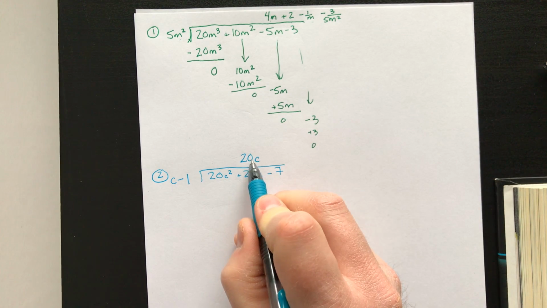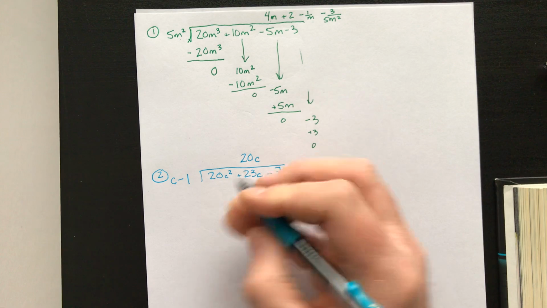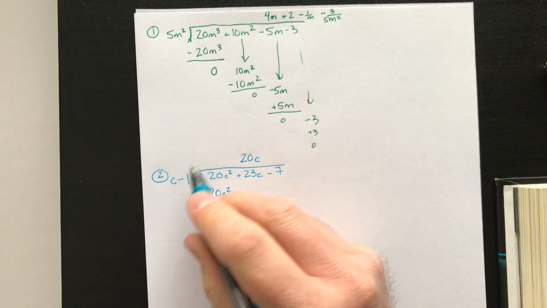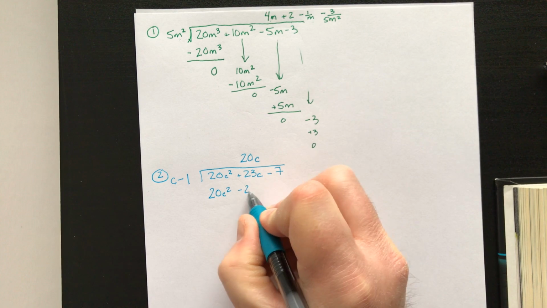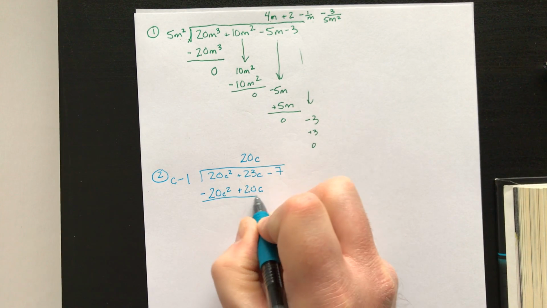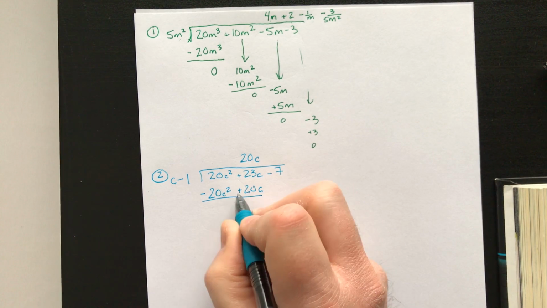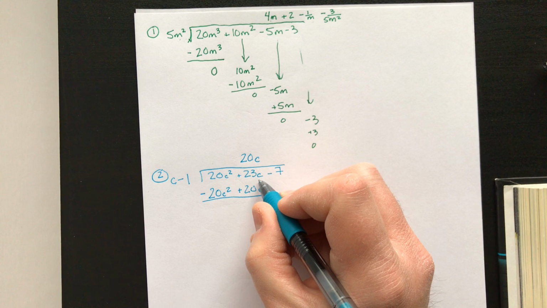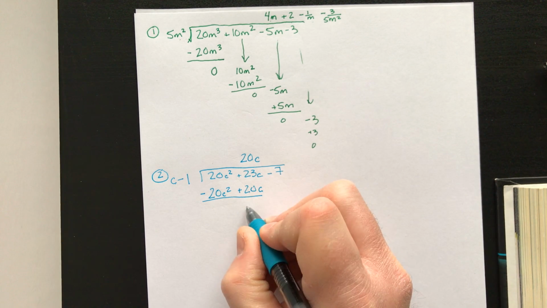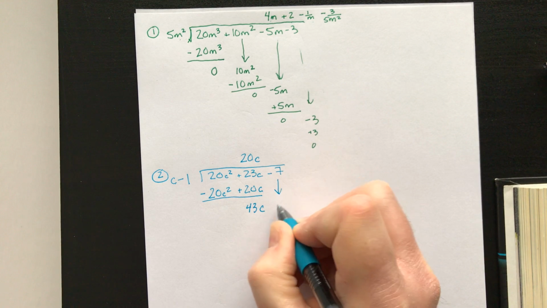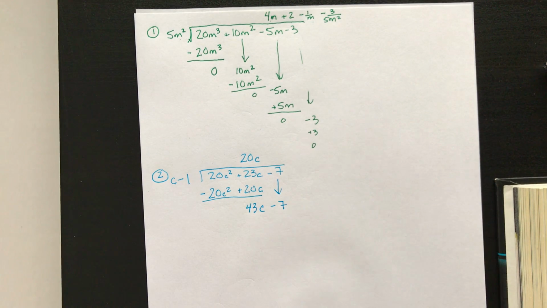And then we multiply. 20c times c is 20c squared. 20c times a negative 1 is a negative 20c. And we subtract or change the signs on these two bottom terms. So this goes to 0. 23c plus 20c is 43c, and we bring down the negative 7, right?